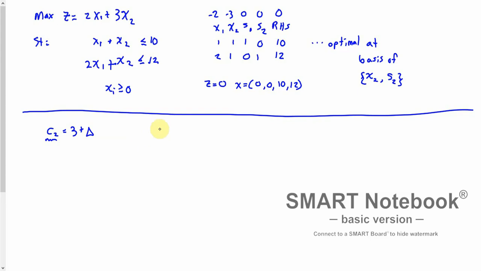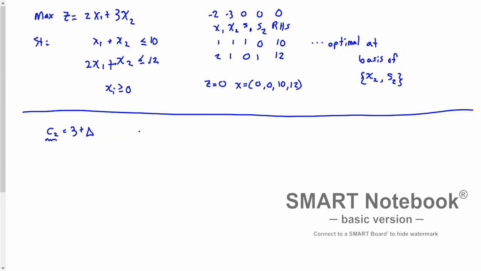So the way we're going to do this is we're going to check that all these variables stay greater than or equal to 0 at this final simplex table. And the way we're going to do that is we're going to use matrix multiplication to generate what these numbers will be there.